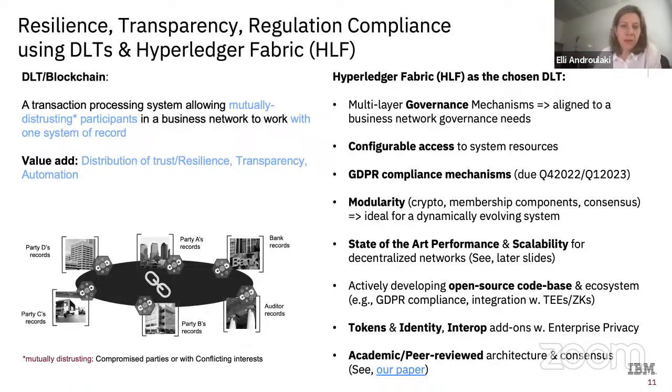So Hyperledger Fabric comes with a very modular policy framework, allowing policies to be set for different levels of the system. We have governance mechanisms or policies governing how the overall system would be upgraded, or how individual components in the system should be upgraded, ranging from the membership components all the way to upgrading of a specific smart contract in it, and so on and so forth.